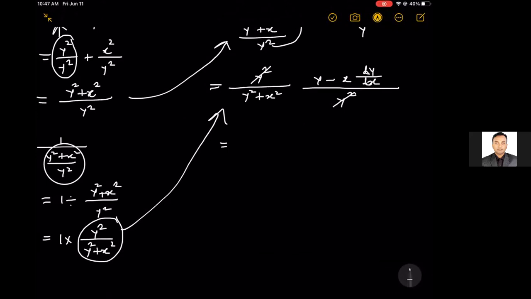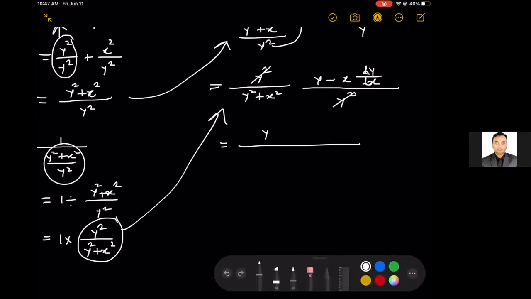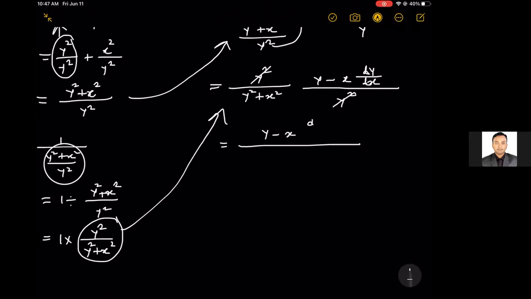So we'll have y minus x dy dx over y squared plus x squared. This is my answer, because we are looking for the derivative of tan inverse of x over y, and this is my answer.